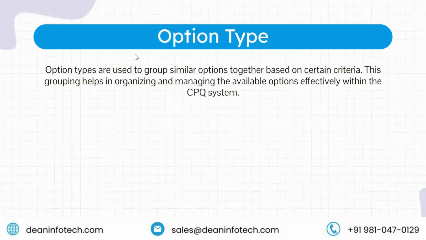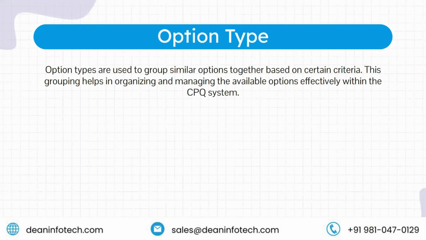Okay, so it's a very interesting topic, the option type. This is a picklist field by the name of type. Now this option type is very crucial when you are adding an option to a product bundle.